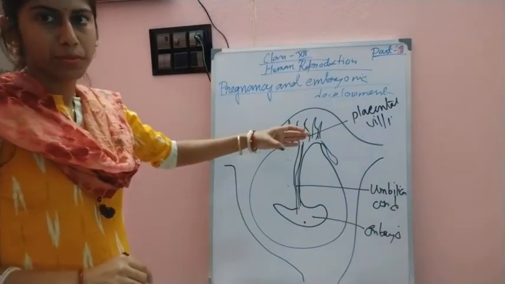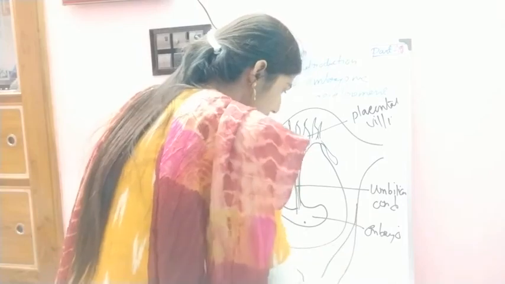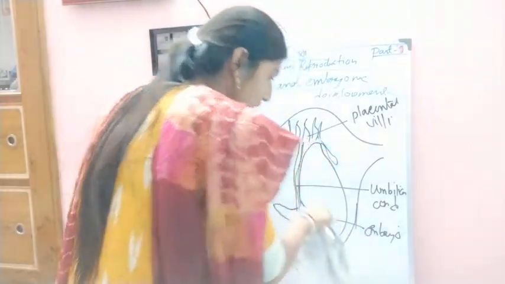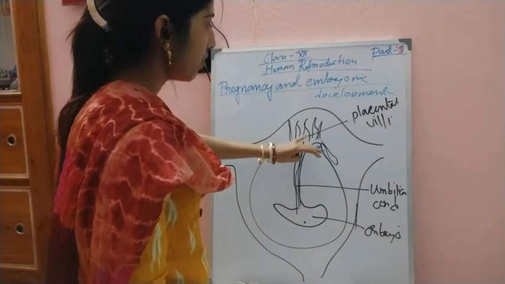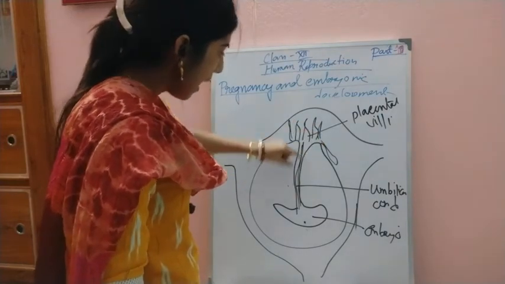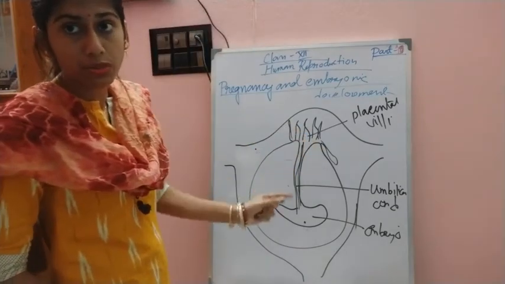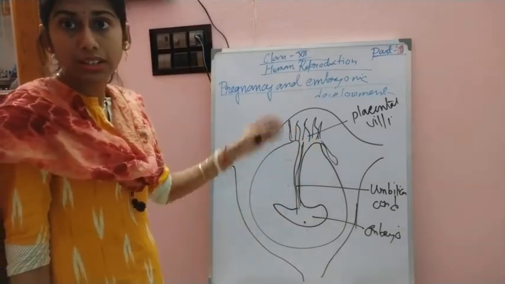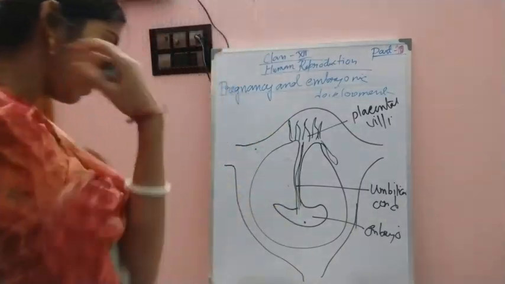I have drawn a very rough diagram, so just ignore that. If the diagram is present in your book also, you can check from that. These are finger-like projections or villi, which are called placental villi, and this cord is called the umbilical cord. The umbilical cord has two arteries and one vein, by which oxygenated and deoxygenated blood is sent to and from the developing embryo.